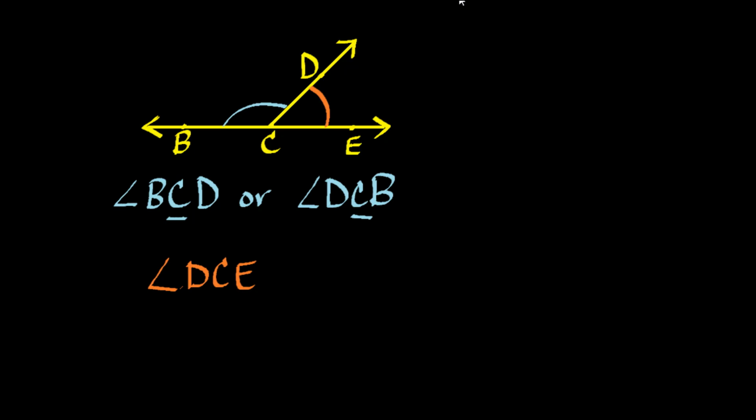That is one way to name this angle, or angle ECD. Again, we cannot name this angle angle C because there are other angles that have the vertex C. There is another angle here that is called a straight angle, and that is the angle BCE that forms this straight line. But we will just stick to naming the left and right angle in this video.